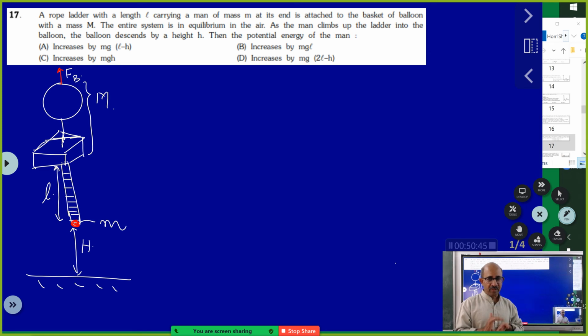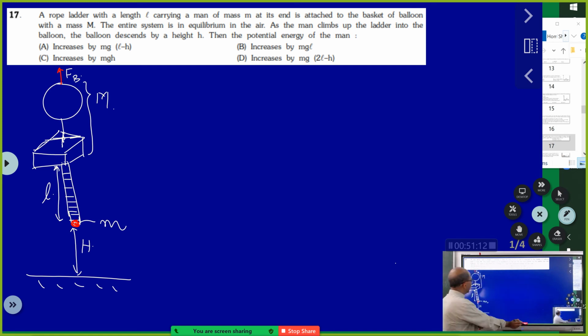Then, what is the next thing that I should tell you? See, this is a system of particles. Energy is conserved, correct? The potential energy is conserved here. That means how do you write it mathematically now?